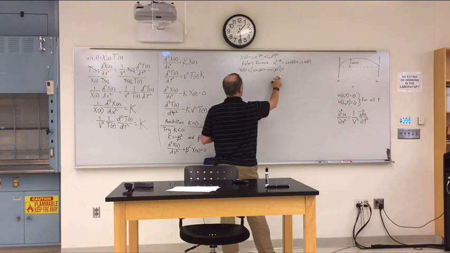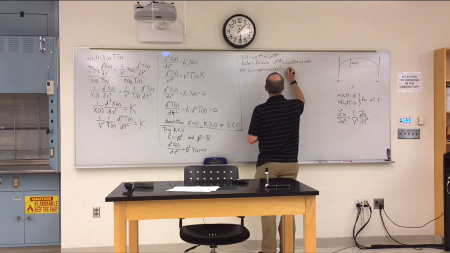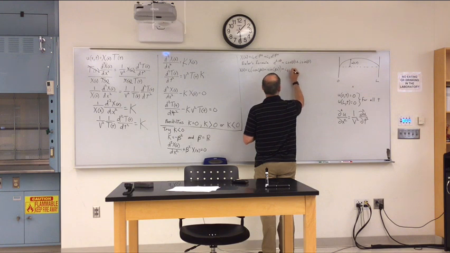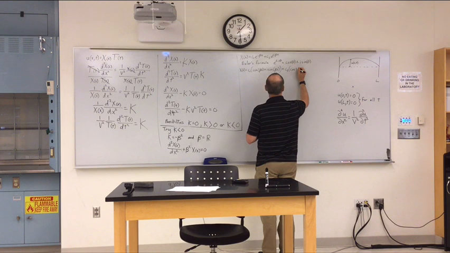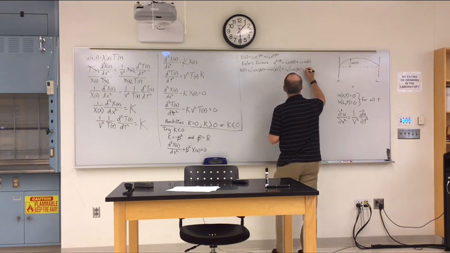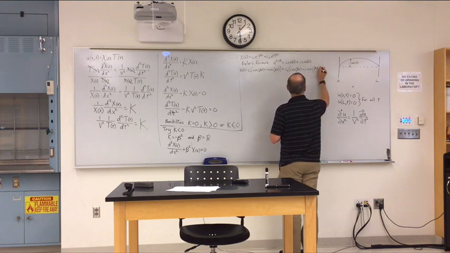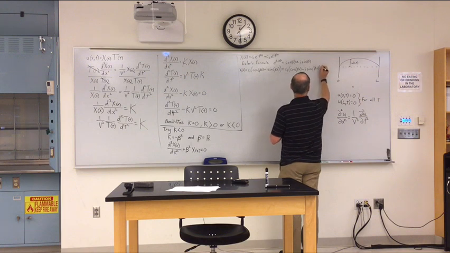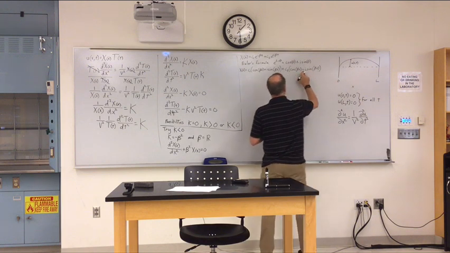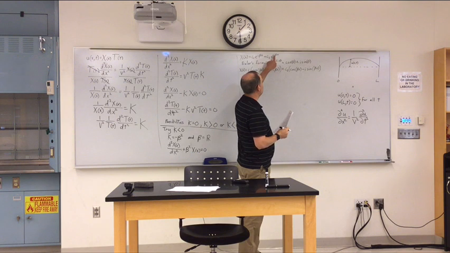Okay, so that's our first part. Our second part, it's negative i, so this would be C2 times cosine of beta x minus i sine of beta x. And again, the minus here is because there's a negative e raised to the negative power.